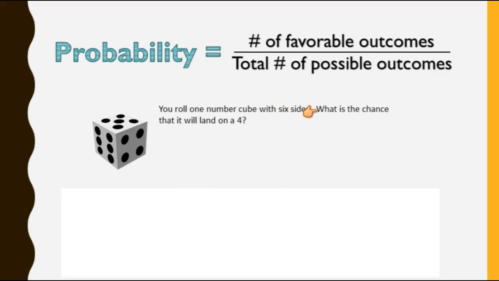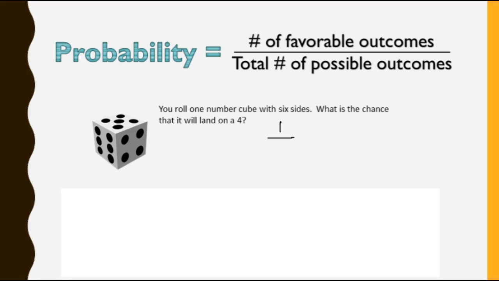So what they're asking for is the chance of it landing on 4. So landing on 4 is the favorable outcome. Okay, so how many 4s are on a number cube, or on a die? There's only one, right? So we're going to write 1 on top because that's the number of favorable outcomes.